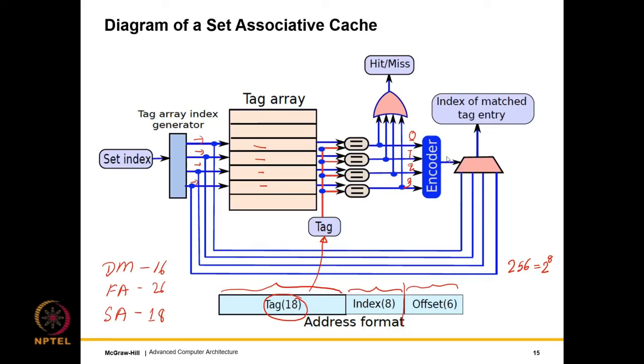The output of the encoder goes to the multiplexer, so that will help us choose the final index of the matched entry. For example, if the matched entry's number is 1, that is what the encoder will output, and then this input will be chosen, and this address will be the final index of the matched tag entry.